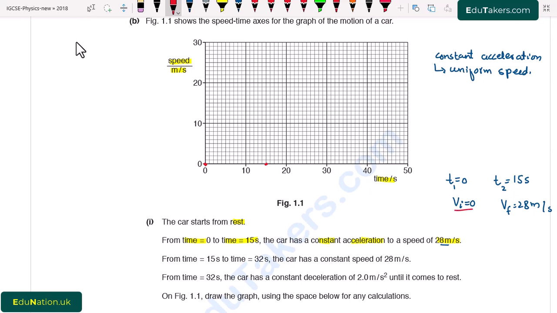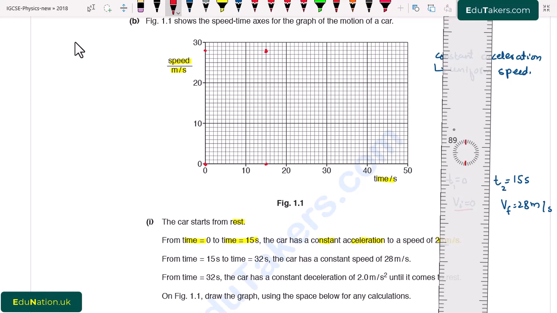Initial velocity is 0. It is also at the same point. While the final velocity is 28 meter per second. It will be at this point. And when we find out the locus of this point, it will be this one. So first of all, when we draw the constant acceleration graph for the speed time graph, it will be a straight line because the uniform speed.